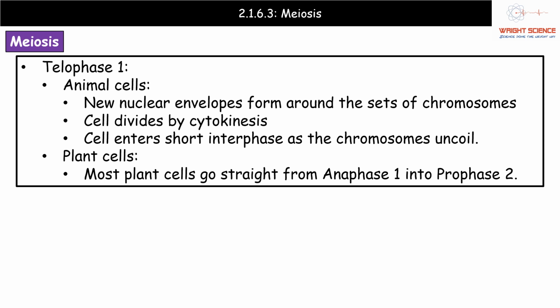If we're talking about plant cells in telophase 1, then quite frequently we're not going to see it. Most plant cells are actually going to jump straight from anaphase 1 to prophase 2. Animal cells are going to go through this telophase 1, nuclear envelopes forming, cytokinesis, and a short interphase at the end of it. Plant cells typically skip this bit.